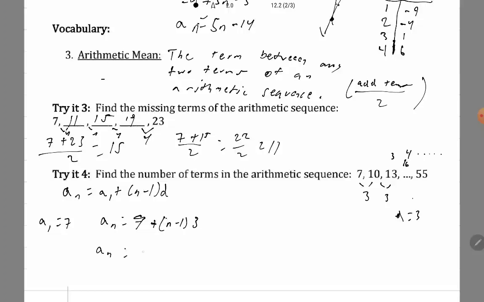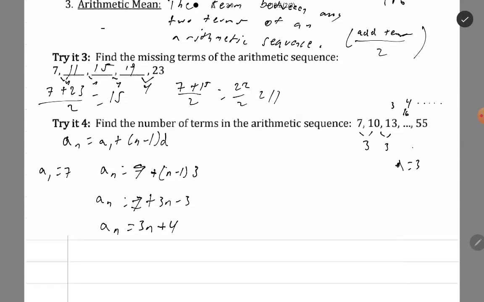So a sub n equals 7 plus 3n minus 3. So my formula, my rule, is 3n plus 4.